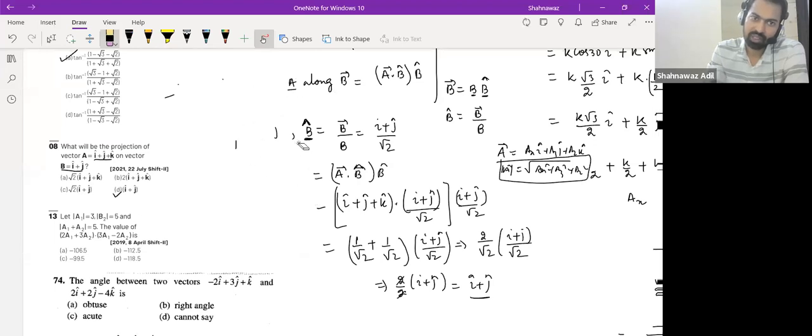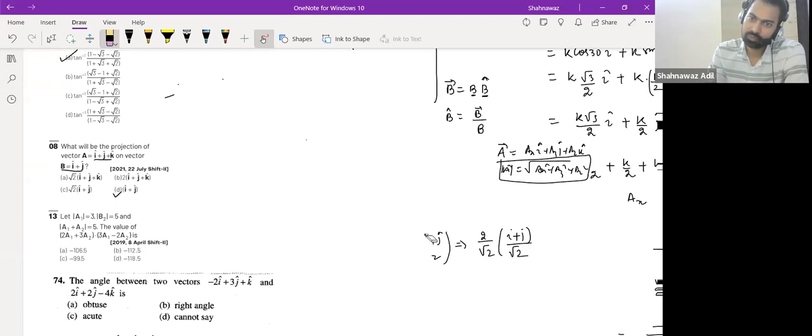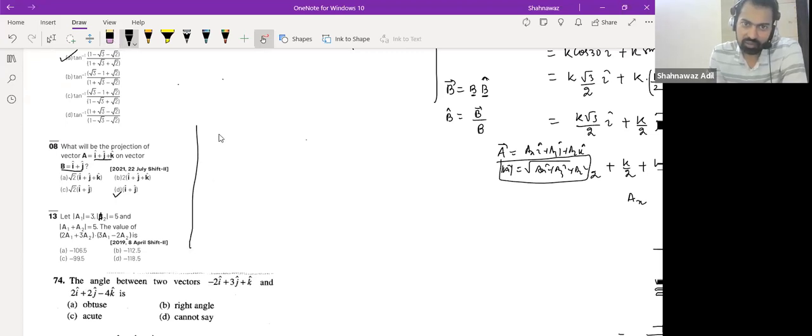Okay, so now let us solve the next question. Okay, so this is a printing mistake. This is A2, right? So we have magnitude of A1 is given and magnitude of A2 is given, right?